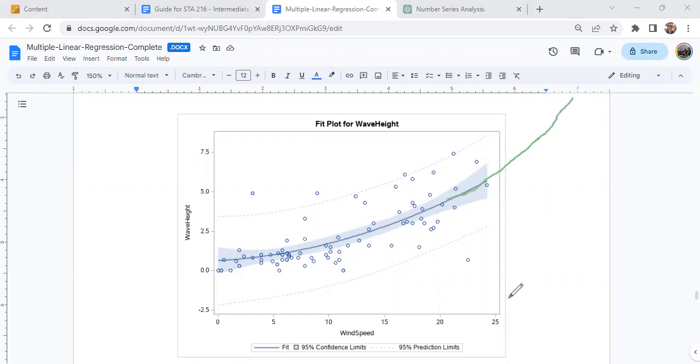And so at 40, you might get a predicted value of like 10 or 11 feet for the waves.